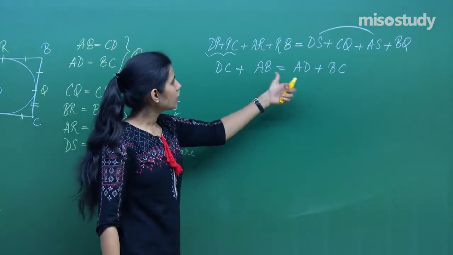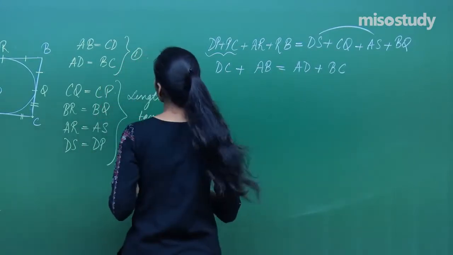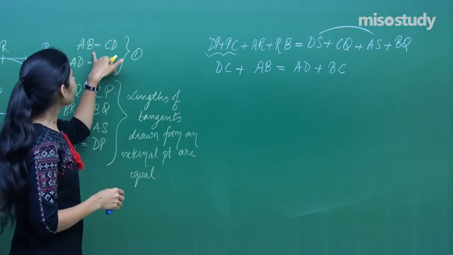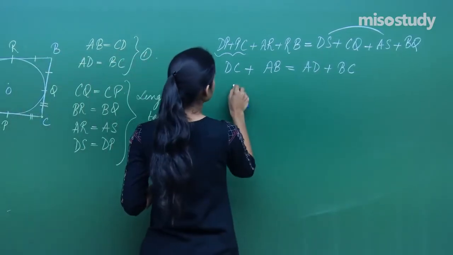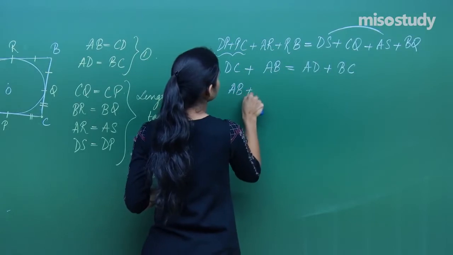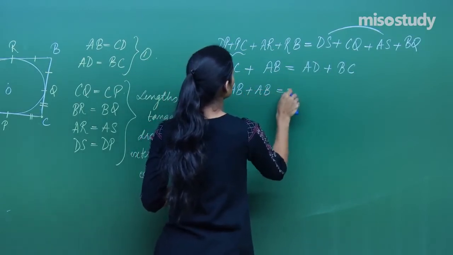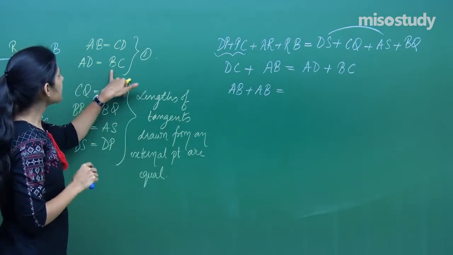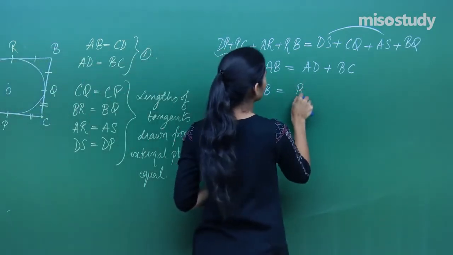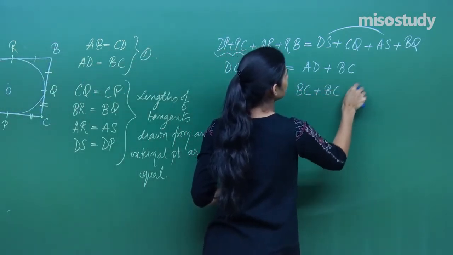DC plus AB you have got same as AD plus BC, but you already know that AB is same as CD. So in place of CD I can write AB again, and over here AD is same as BC, so in place of AD I can again write BC.